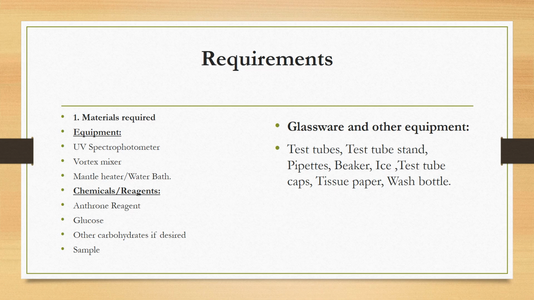Glassware and other equipment: test tube stand or rack, pipette, beaker, ice to cool the samples, as I will show you, test tube caps to cover the test tubes, tissue paper and wash bottle.